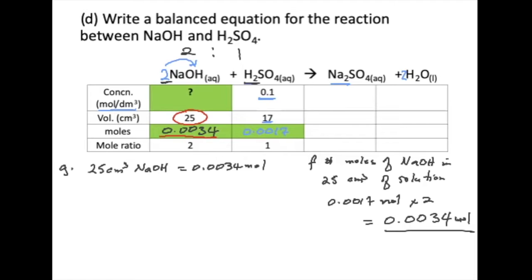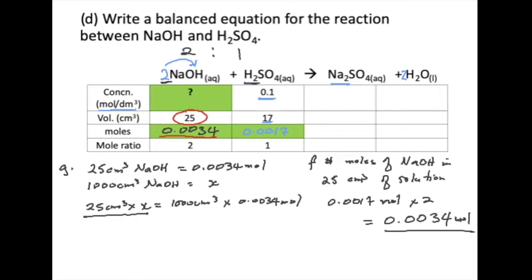And we know the concentration whenever we know the number of moles present in 1000 cm cube. So we would say 1000 cm cube of our sodium hydroxide contains X moles. Then of course, we're going to do the good old cross multiplication. So we'll get 25 cm cube times X is equal to 1000 cm cube times 0.0034 moles.